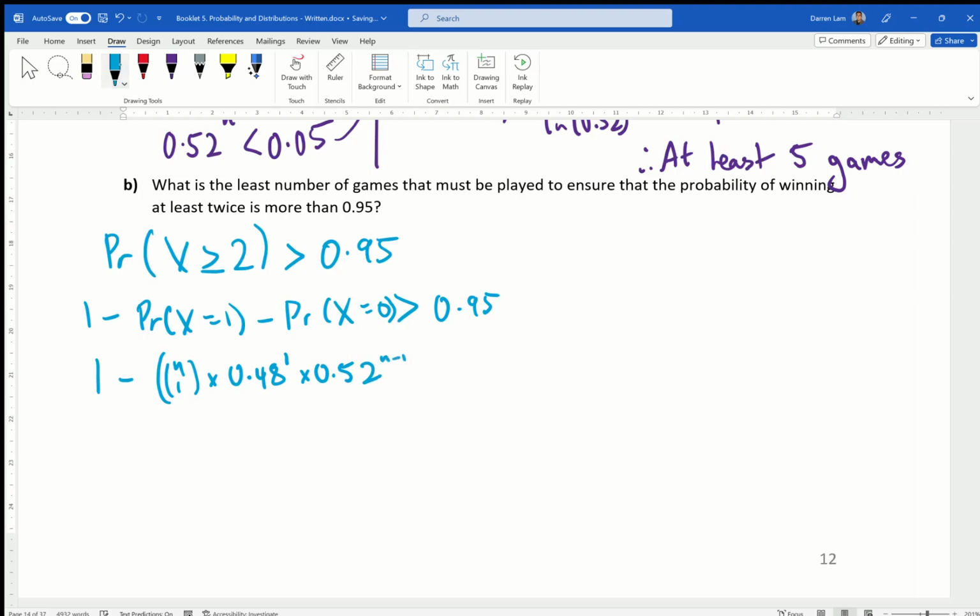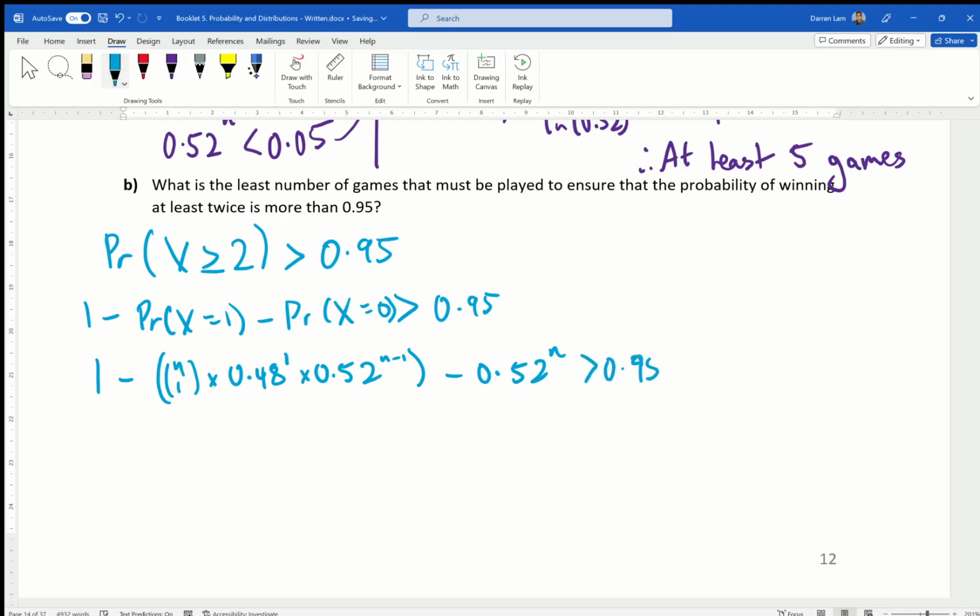That is the same formula for x equals 1. And I think it's pretty obvious that 0.52 to the power of n is no wins. Needs to be greater than 0.95.